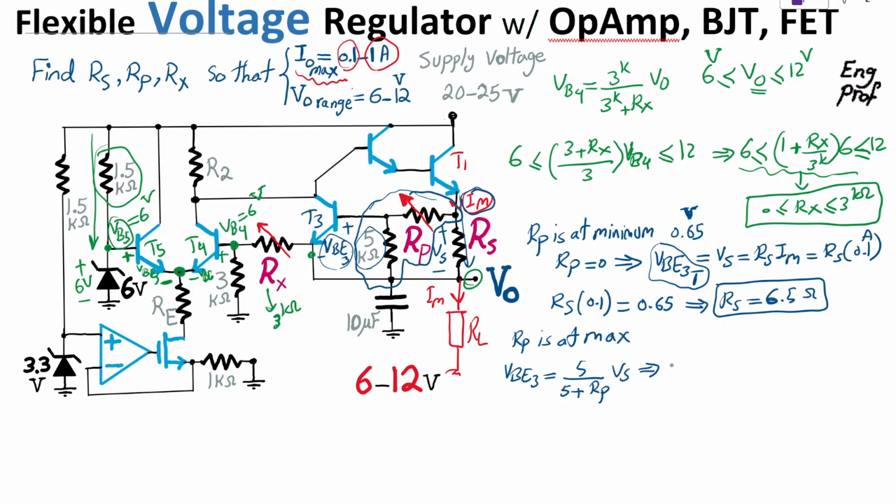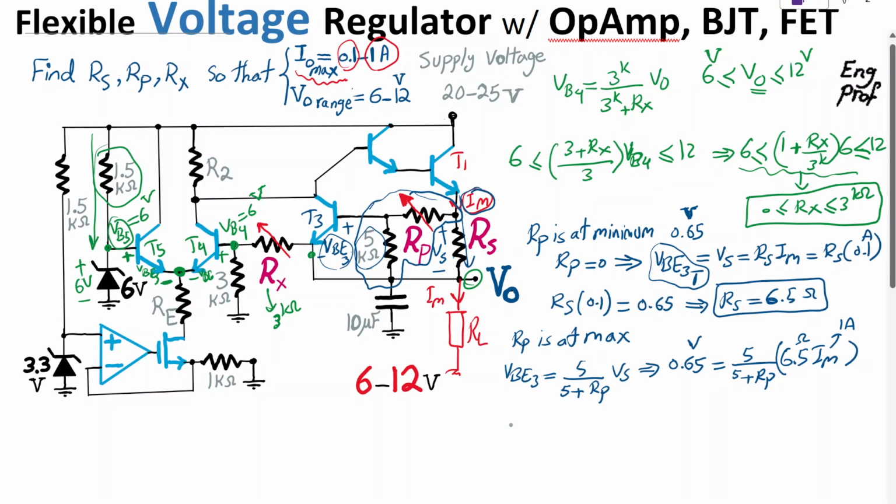So I would say 0.65 volt, the threshold voltage for full turn on of the transistor, is 5 over 5 plus Rp times Vs, which is Rs, or 6.5 ohm, times I max, which in this case is 1 amp, the maximum current that we want to allow.